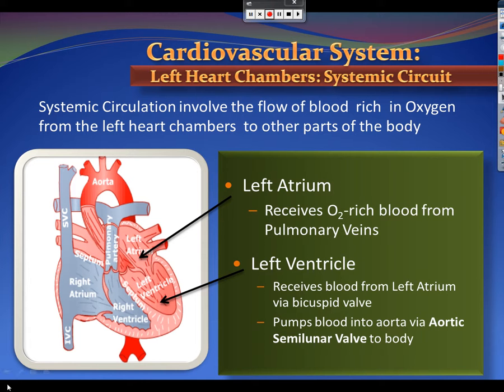When it comes back to the heart, where is it coming in through? It's going to come in through here. It has no oxygen. It's going to make its way through here, leave, go to the lungs, and back to the heart, and when it made it to the lungs, it made the exchange of leaving the carbon dioxide and gaining oxygen.